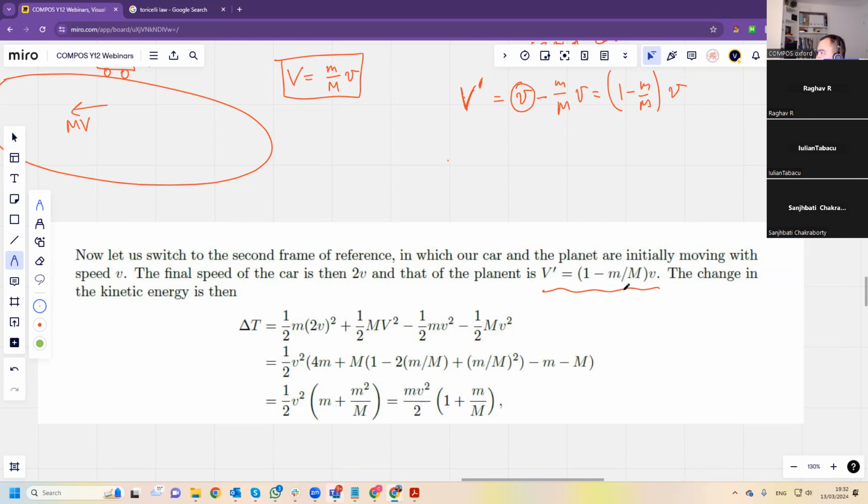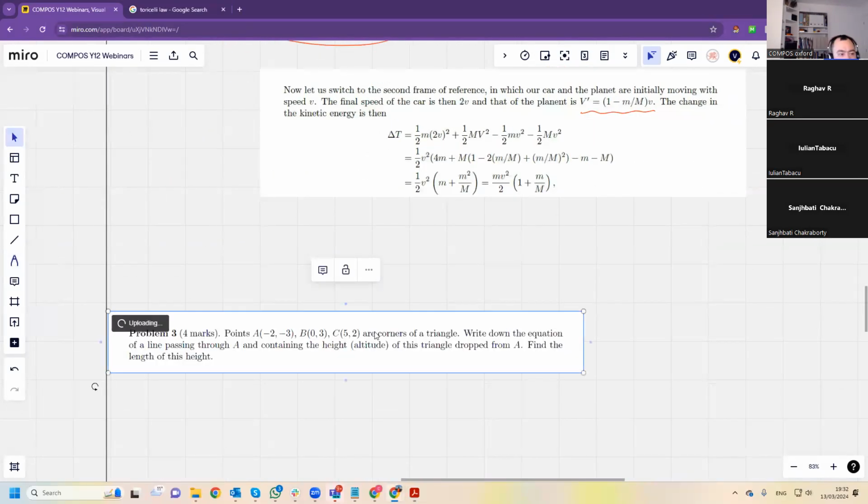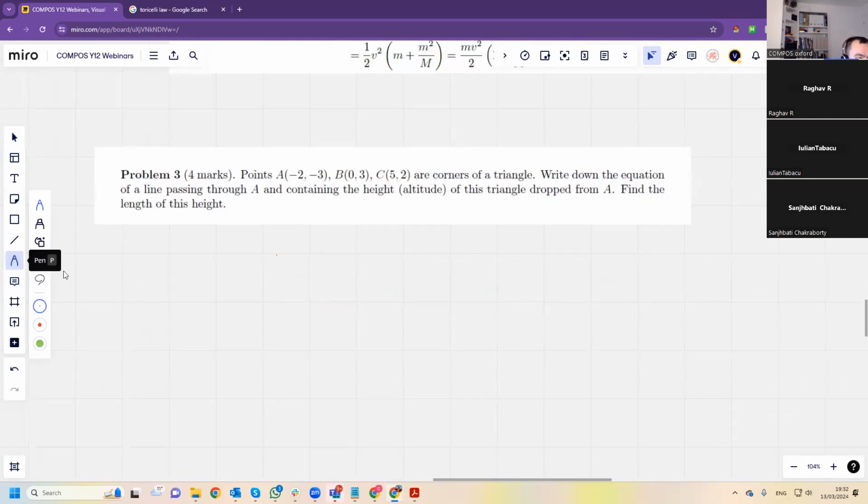Okay. Resham asks, in math problem 3, what does it mean when it says containing the height of this triangle dropped from A? You have triangle ABC.